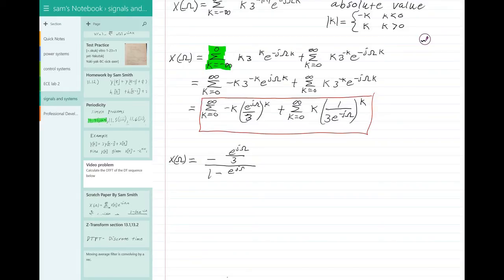When using the geometric series, it'll give us the DTFT that we're looking for. And this is what we wanted from the start.